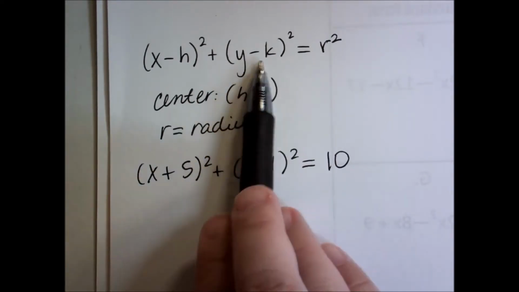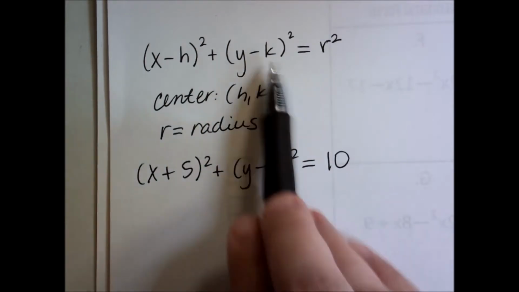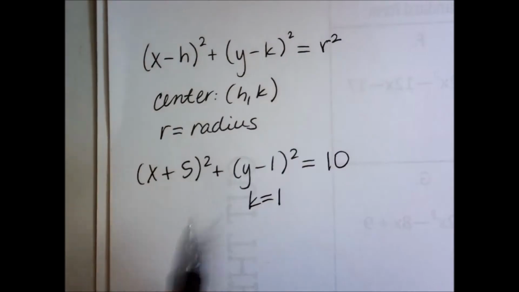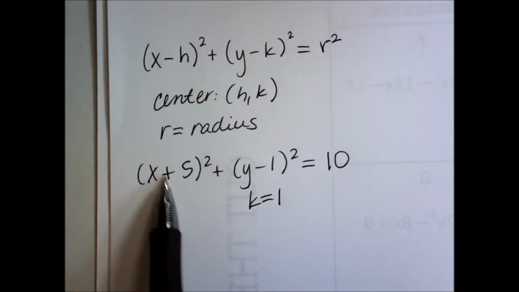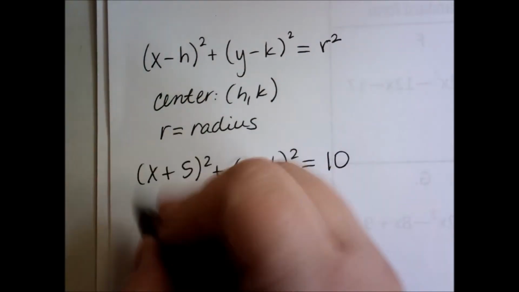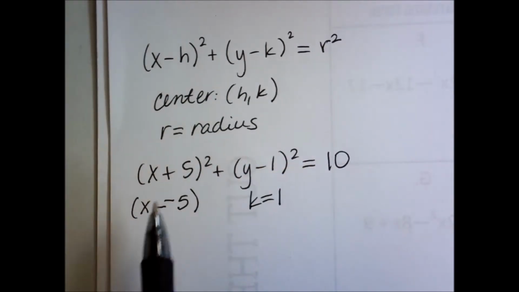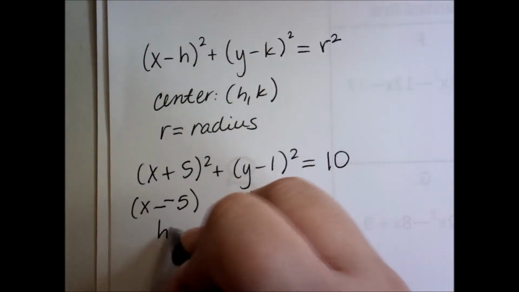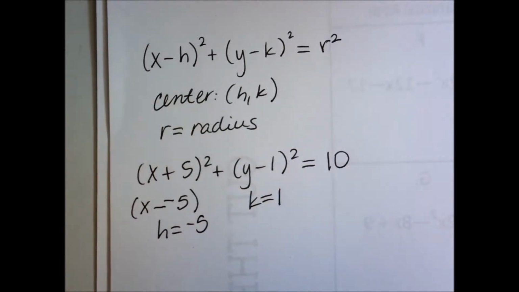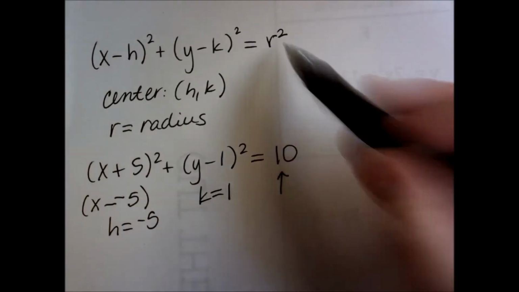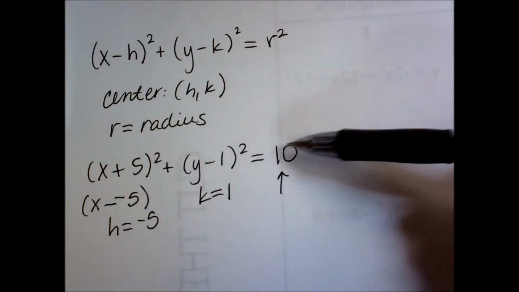Because if it's minus in front of this, then k is 1. But if I don't see a minus, that means what I originally had would have been x minus a negative 5. That's why I have a plus, because h is negative 5. So the h and the k are always the opposite sign from what they appear to be inside the parentheses.